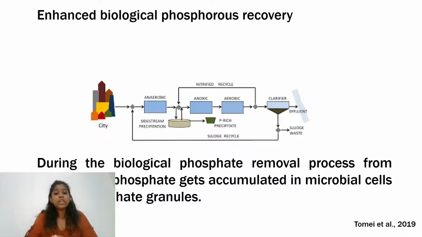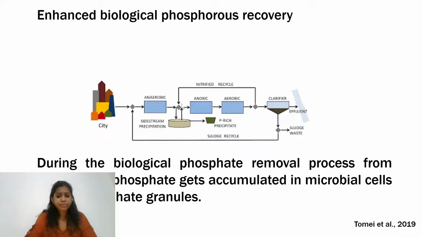So we specifically choose microbial cells that can take up this phosphate and convert it into polyphosphate, make it into granules and store it, or it can be processed later by some other microorganism. This is done as a three-step process, where initially it is an anaerobic process followed by anoxic and aerobic conditions.